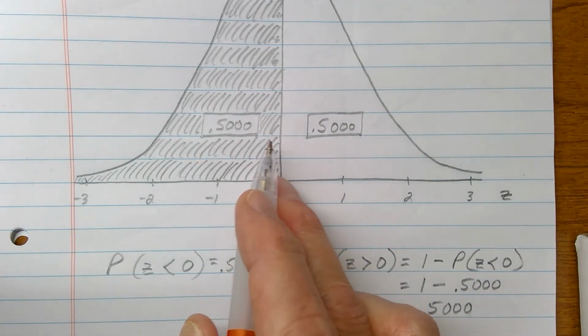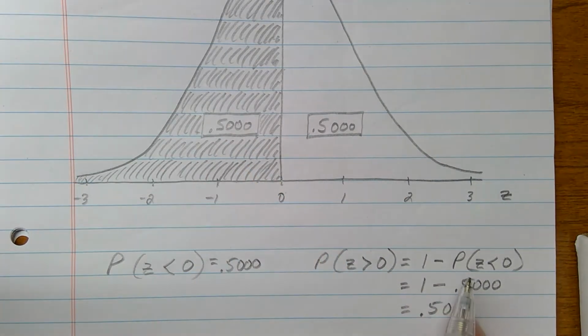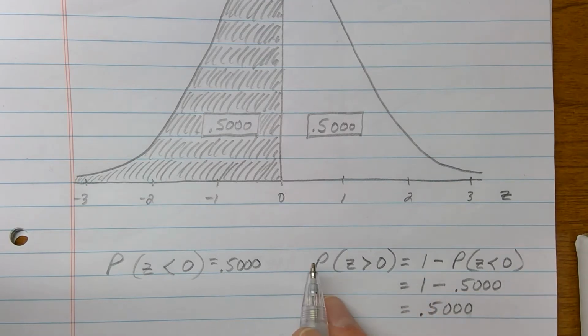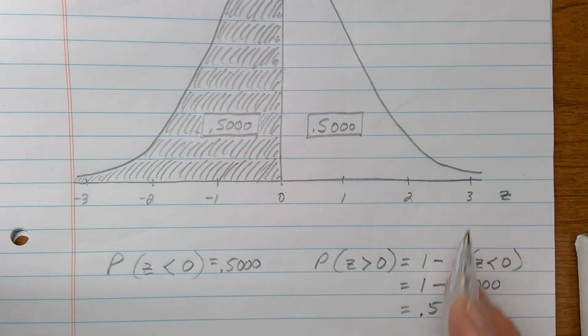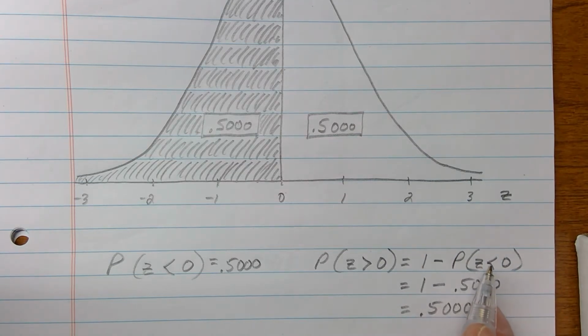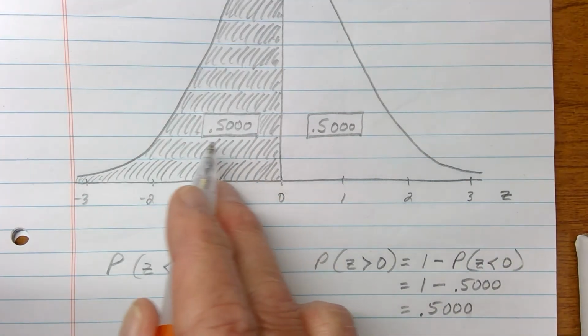We have to say, well, it's this number taken away from the whole thing, the whole 100%, which is 1 when we're speaking decimal. So I said the probability that somebody scored more than average, all these guys, is found by starting with 1, 100%, minus the probability somebody was lower than average, minus this over here.